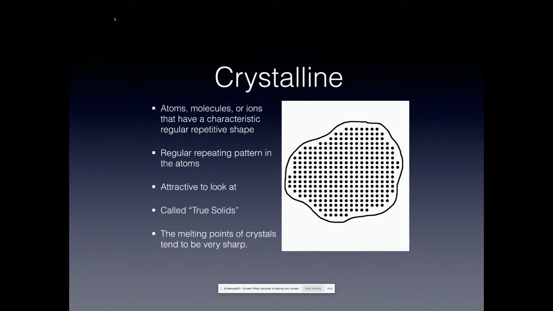Okay? And you have, in your kitchen, sodium chloride is a crystalline structure. Now, an interesting little point is that the melting point of a crystal tends to be very sharp. It tends to melt at exactly one temperature without strain at all from that. Now, the only problem with this diagram that you're seeing is that it's two-dimensional, and in reality, crystals are going to be three-dimensional.